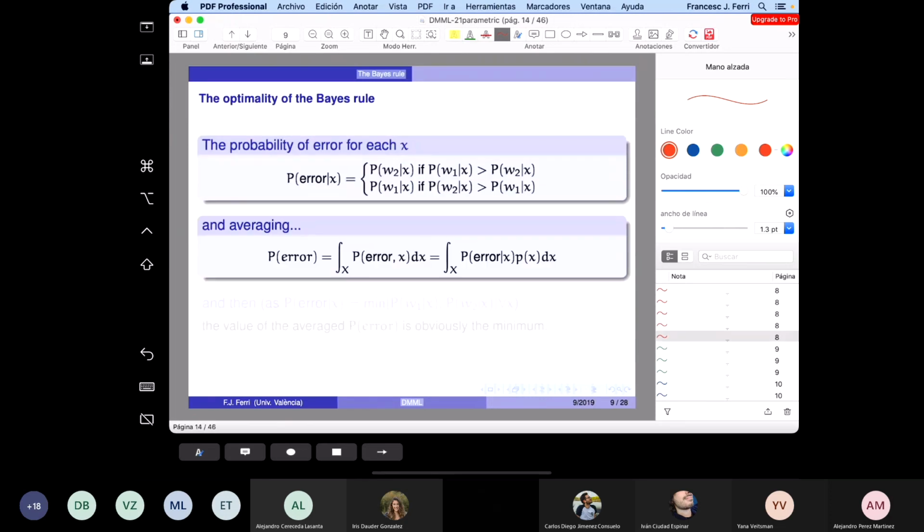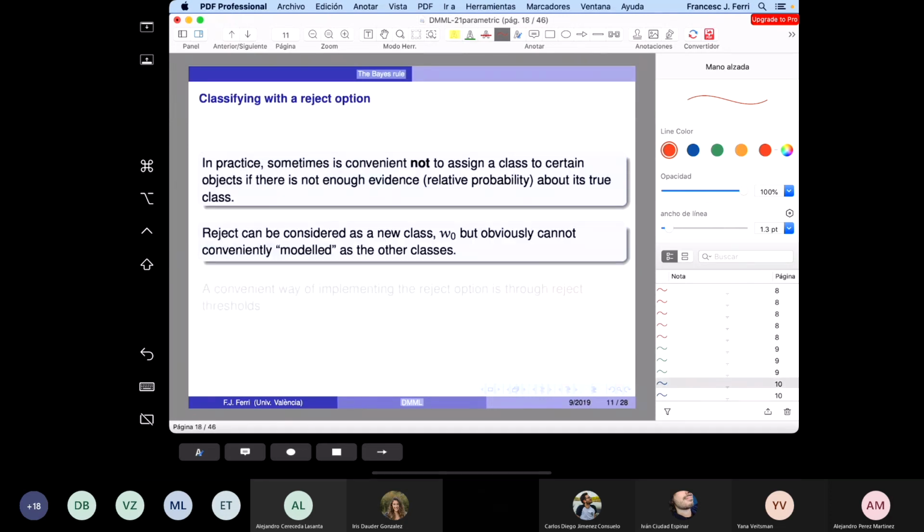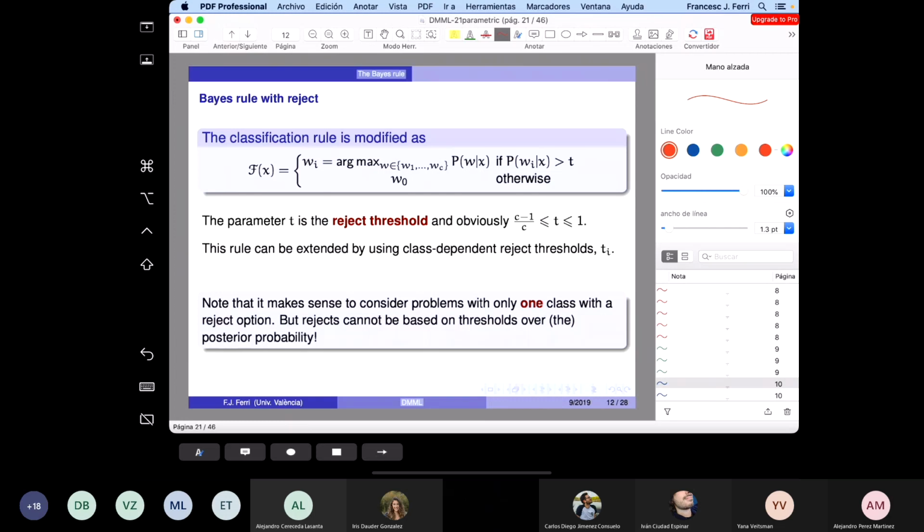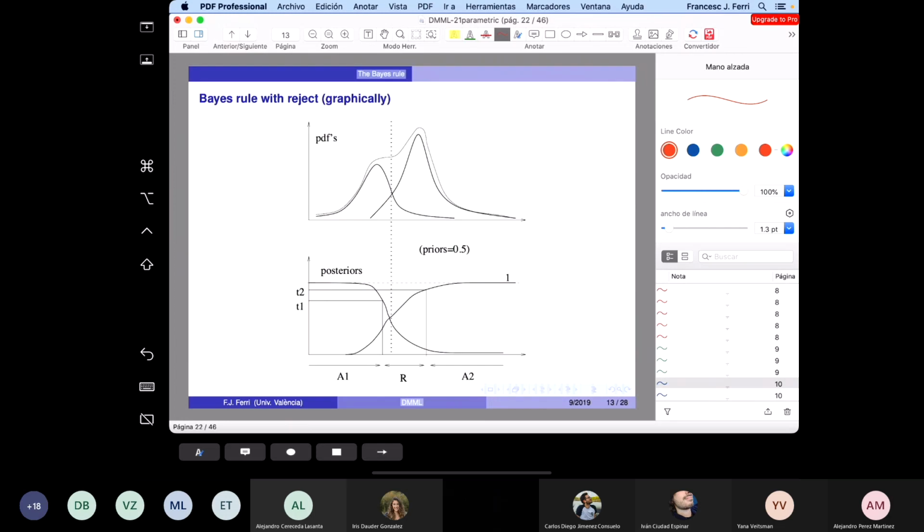So as an extension for that, we could think of a reject option in which we cannot decide if the posterior probability is not above a certain threshold. We're not going into details, but let me just show it graphically.